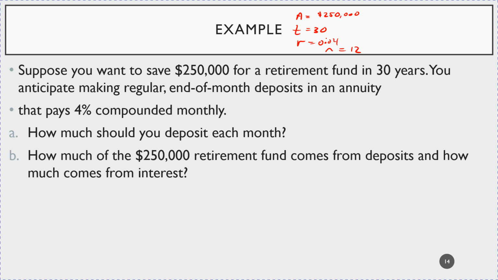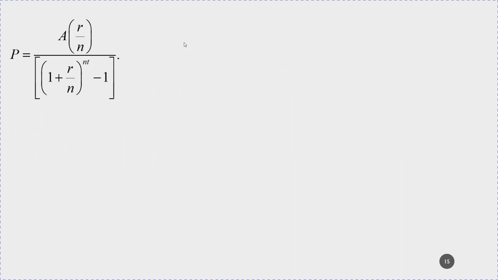I want to figure out how much I have to put away so I have $250,000 saved up. Then I want to figure out how much of that $250,000 fund comes from deposits and how much comes from interest. Let's start with part A, how much am I going to have to deposit?